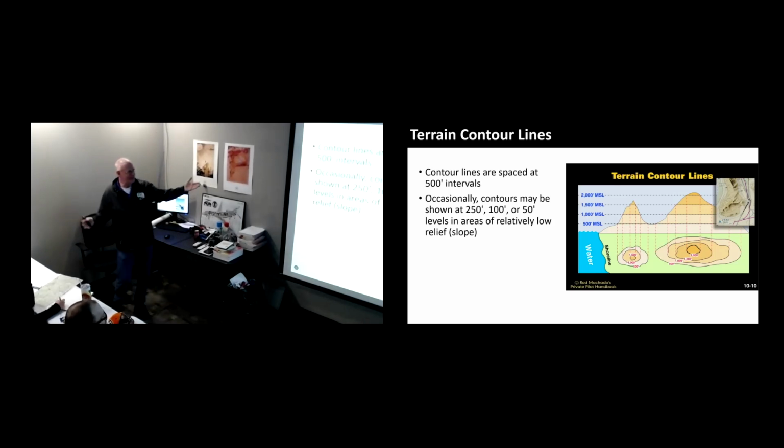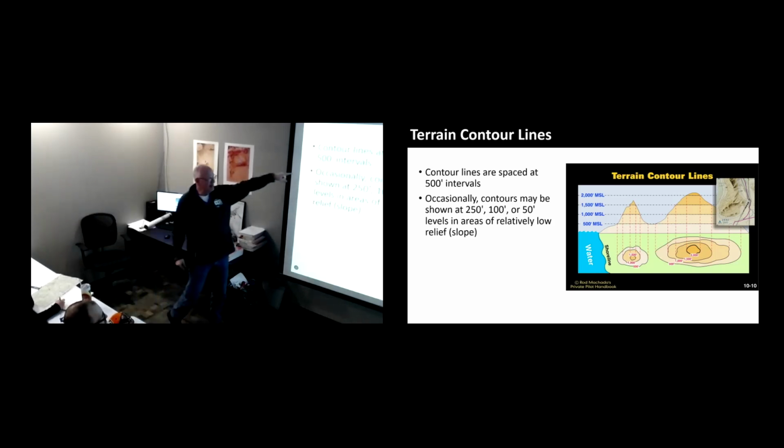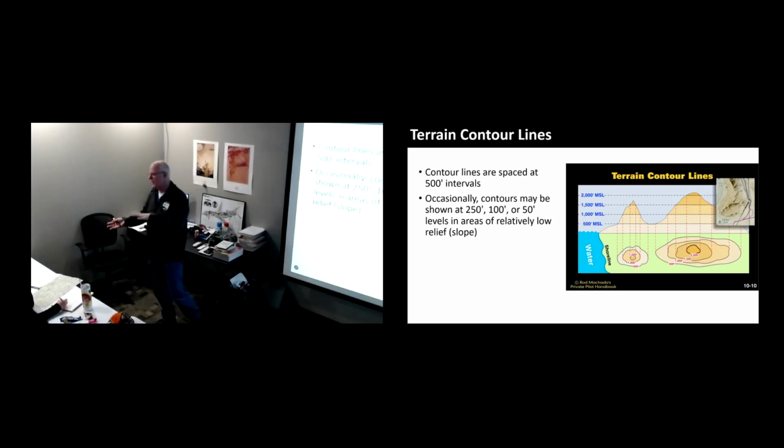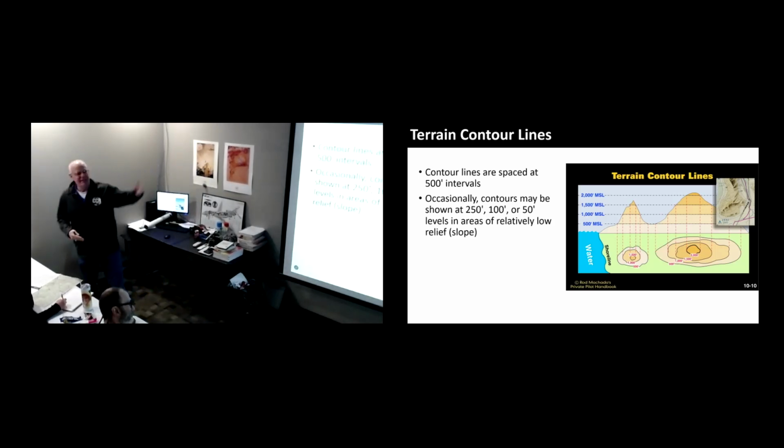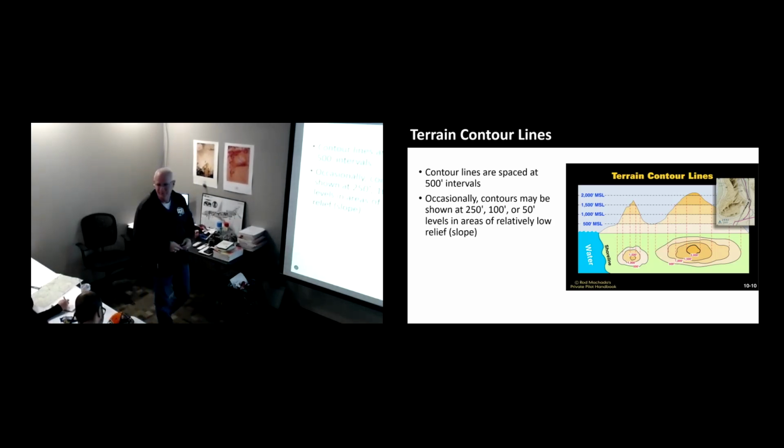If you continue with a contour line every 500 feet, you may not ever see more than one contour line. That's not a very good indication of what that terrain is doing underneath you. So typically it's going to be 500 feet intervals, but in some cases you may see them a little bit less. Okay.